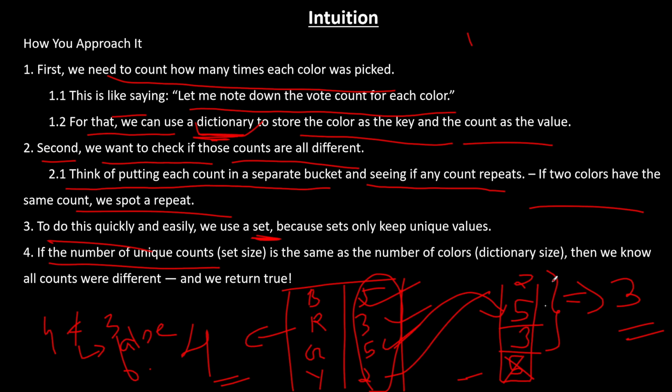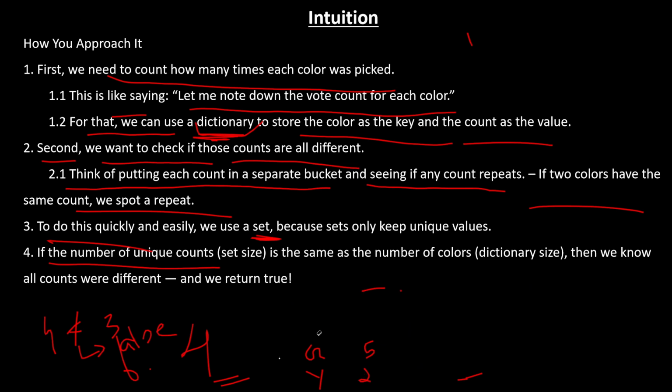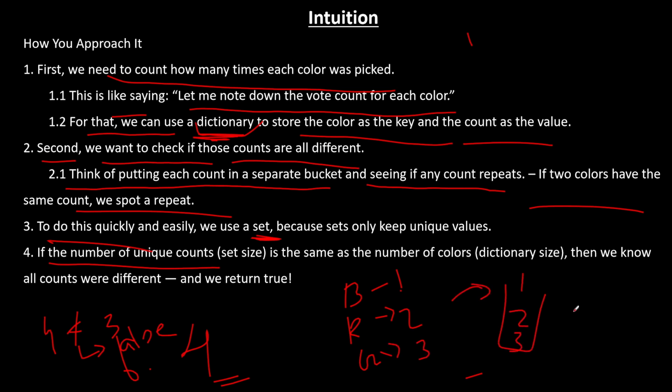I hope you're understanding this part, why we are using a set and a dictionary here. It's nothing complicated. If you had all unique values, like blue, red, and green with 1, 2 in the dictionary, and you store the counts in a set, it's 1, 2, and 3. The size of the set is 3, the size of the dictionary is 3. Both are equal. So true.